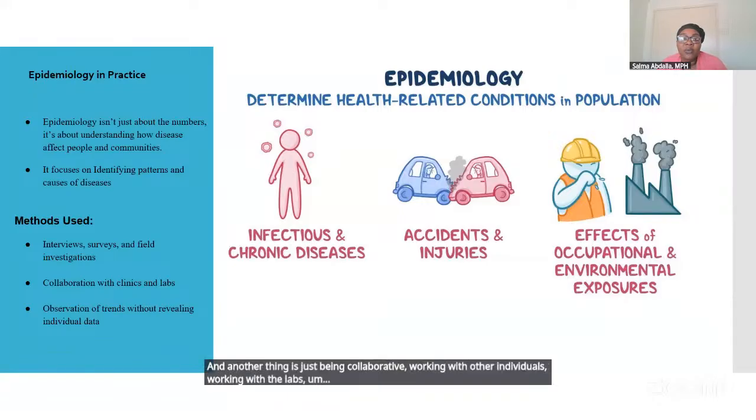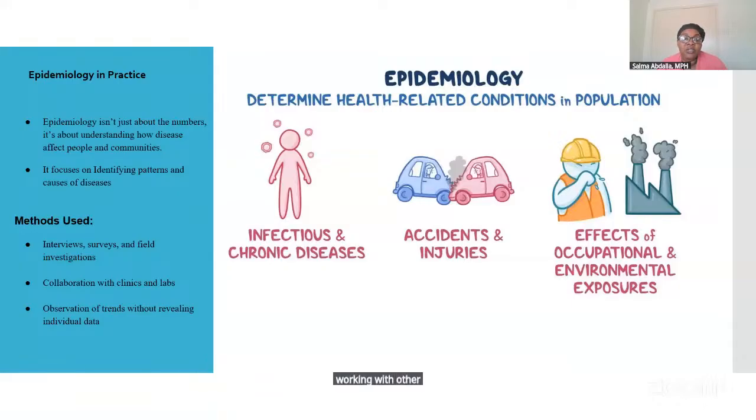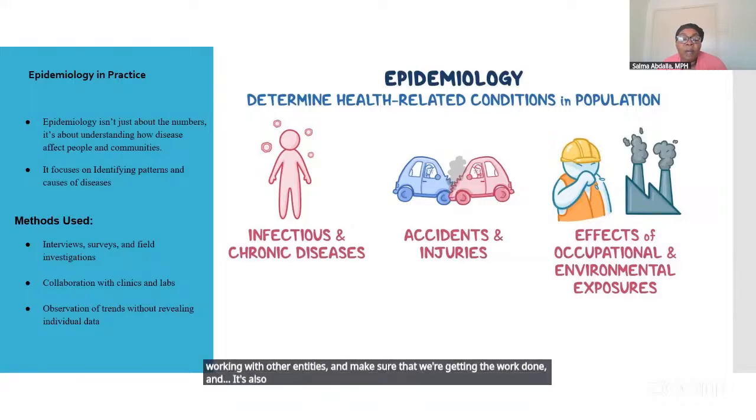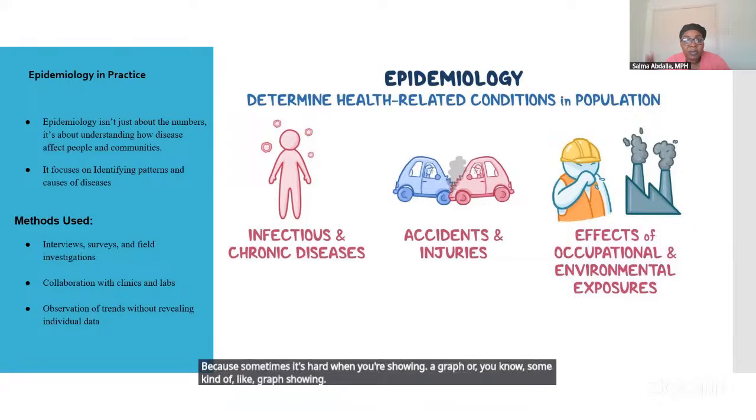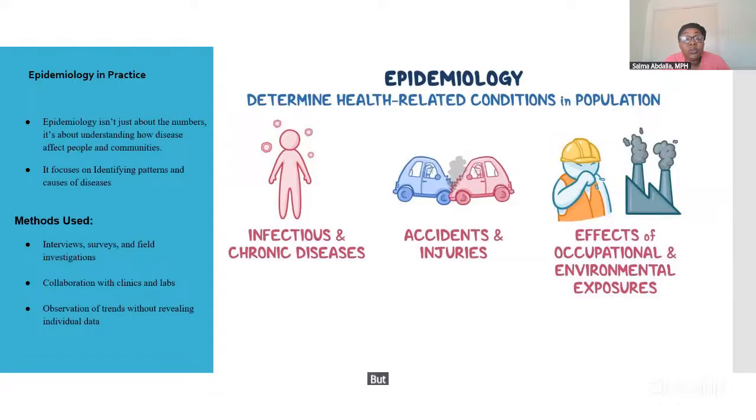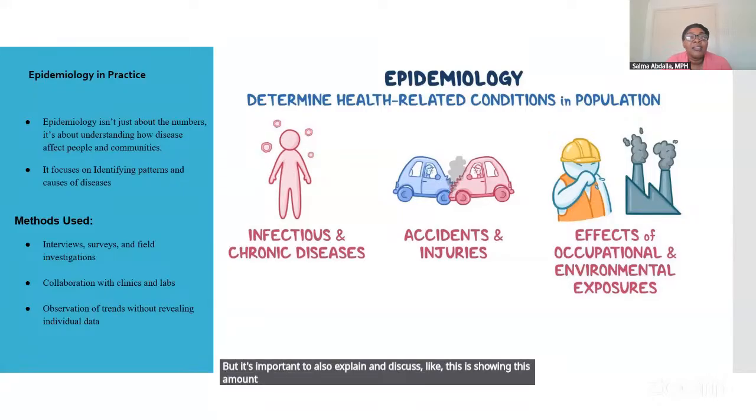We make sure that we are working with other entities and getting the work done. It's also important to help other people understand our work and see what we were doing. Sometimes it's hard when you're showing a graph of what's going on and how the numbers are, but it's important to also explain, for example, that this shows this amount of numbers in this week.